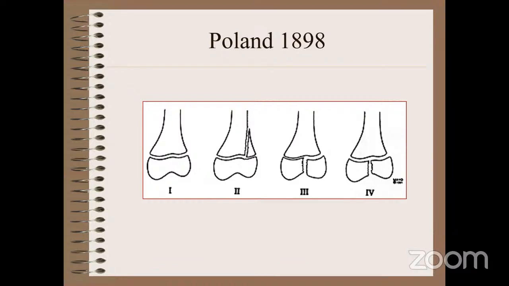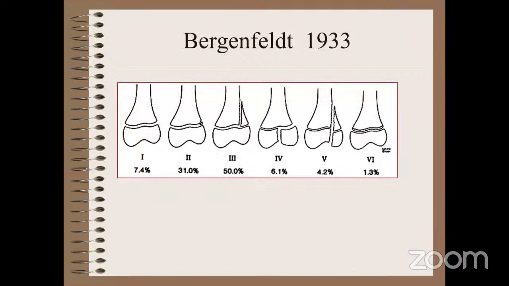Pretty much the same classification or the same diagrams you will see in Salter-Harris. Type 1 going across the facies, type 2 with a metaphyseal fragment, type 3 which is intra-articular and going through the metaphysis. Now, Bergenfield in 1933 gave a more refined classification.